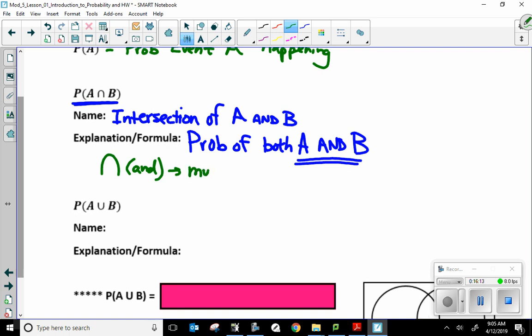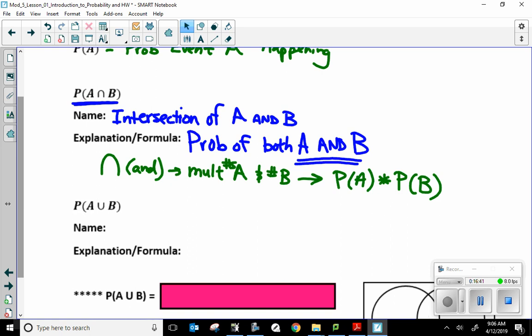You would multiply the number for A and the number for B together to get it, okay? If you were given two separate values, one representing A and one representing B, you would multiply them. So it's the probability of A times the probability of B. All right? Sometimes you're given them separately, you've got to multiply them. Sometimes you're not. Sometimes in the problem, they actually give you the probability of A and B is this. Okay? So just be sharp.